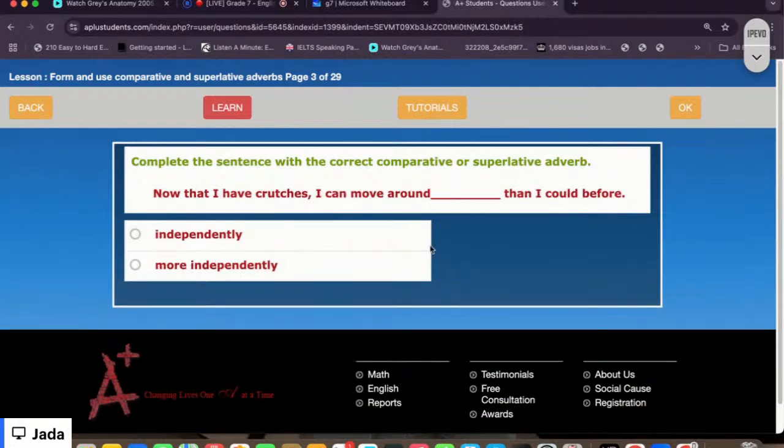Now that I have crutches, I can move around dash than I could before, independently or more independently. What do you think is the right one here?